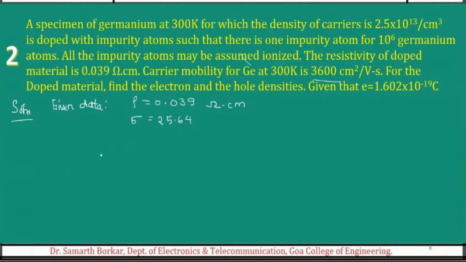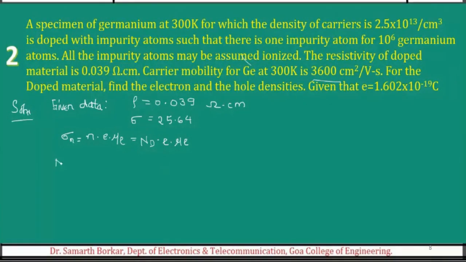So the conductivity due to electrons is given as the product of concentration of electrons, charge of an electron, and the mobility of an electron. From our previous discussion we can write N equals Nd. Then the concentration depends upon the donor ions into e into mu e. Now here we have to calculate the concentration of donor atoms Nd.